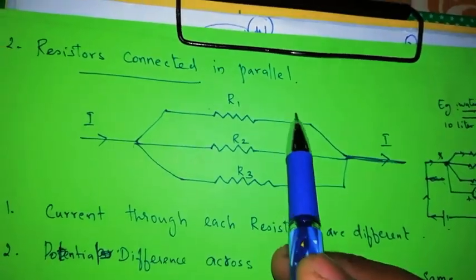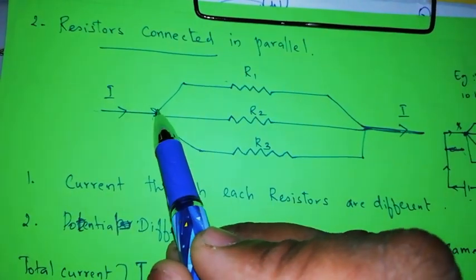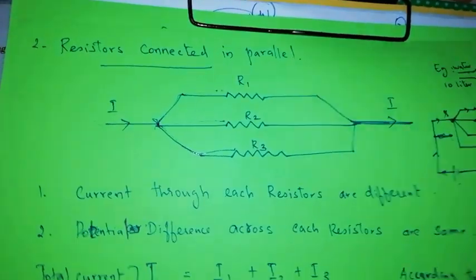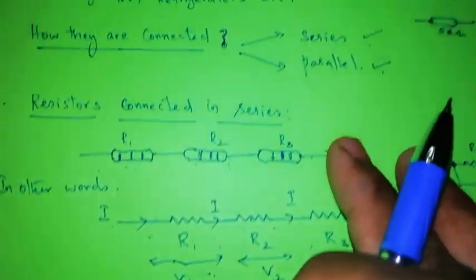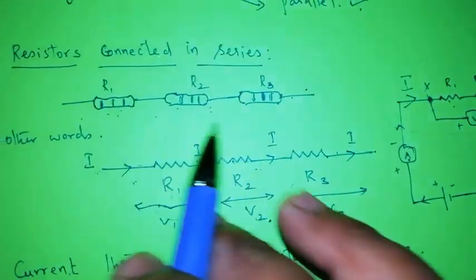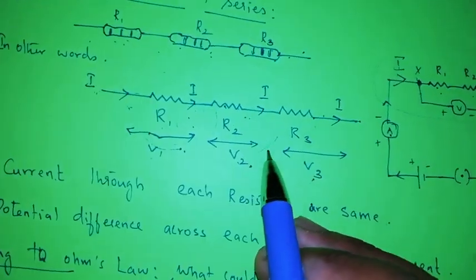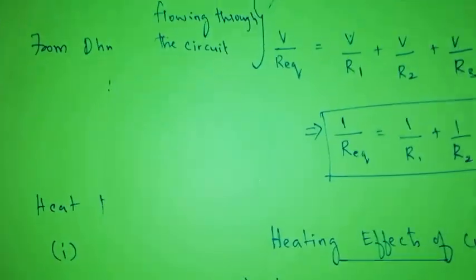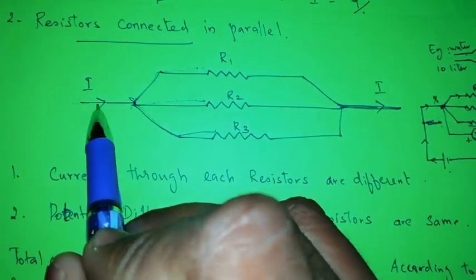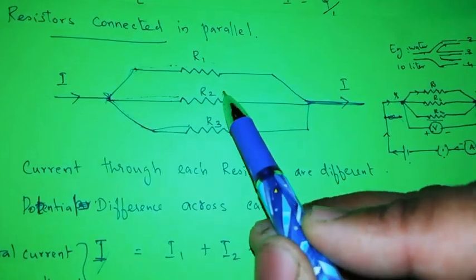This is the parallel current which is moving here, and this current is distributed to three different resistors, not like in series. The current is distributed among R1, R2 and R3.